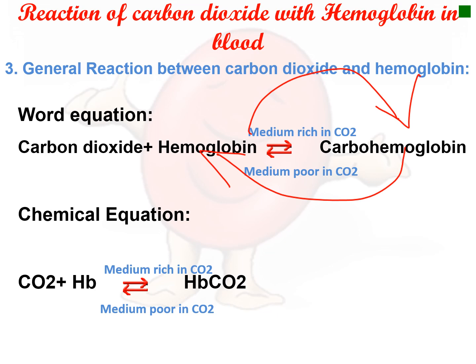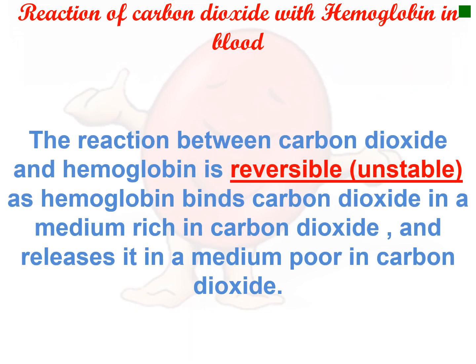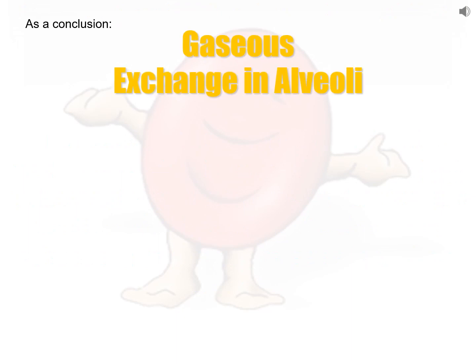General reaction: carbon dioxide plus hemoglobin in a medium rich in CO2 gives carbohemoglobin, while in a medium poor in CO2, it dissociates into hemoglobin plus carbon dioxide. This is the general reaction. The reaction between carbon dioxide and hemoglobin is a reversible and unstable reaction, as hemoglobin binds carbon dioxide in a medium rich in it and releases it in a medium that is poor in carbon dioxide.